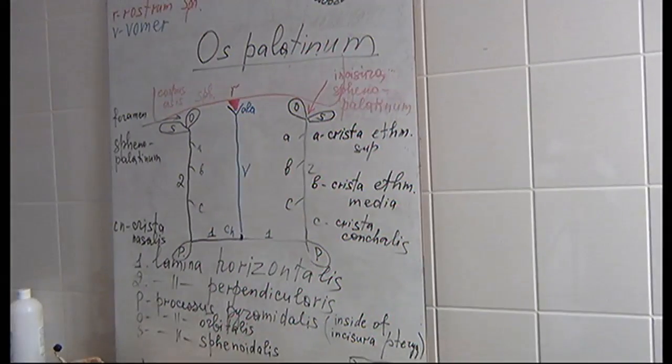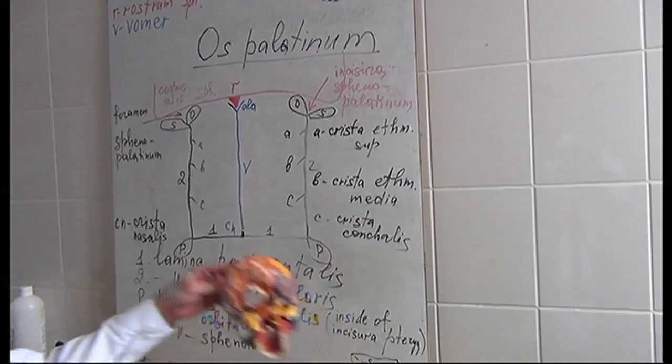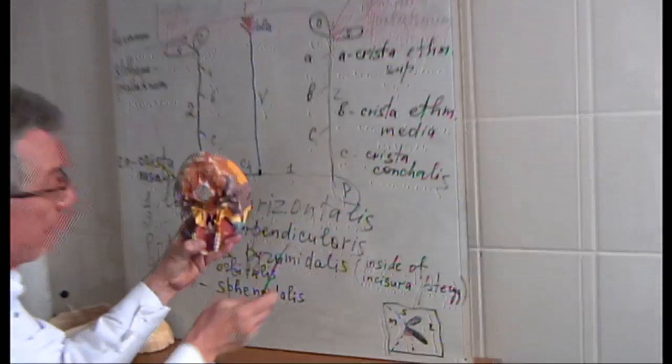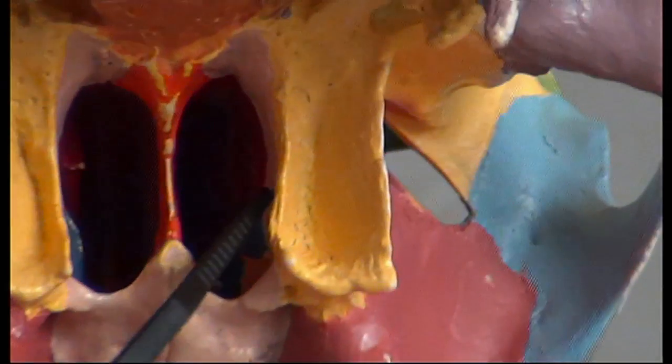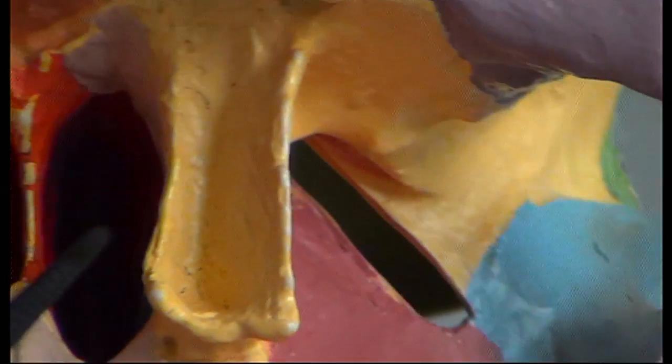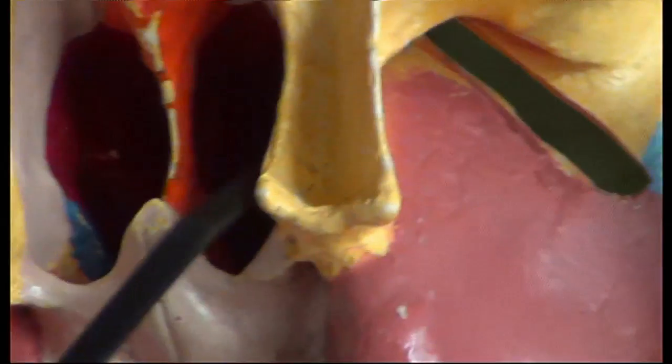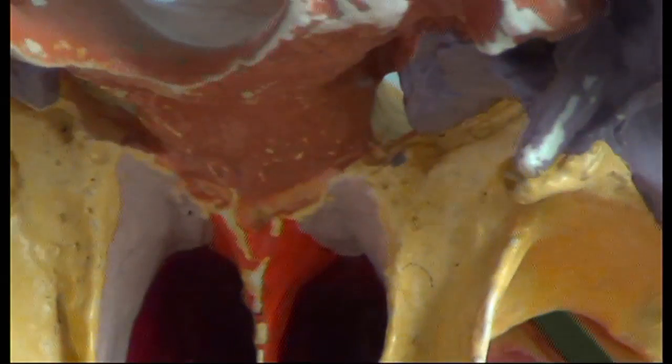These three conchae we can find in the skull if we watch the horns on the lateral walls.